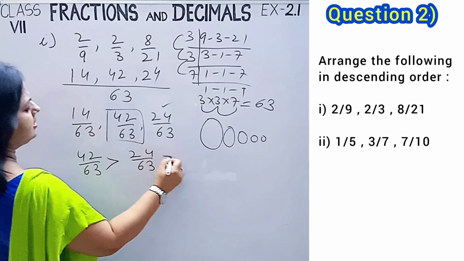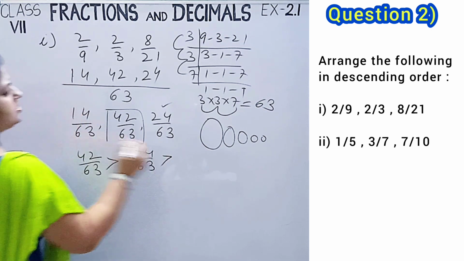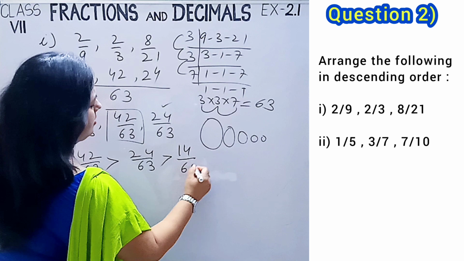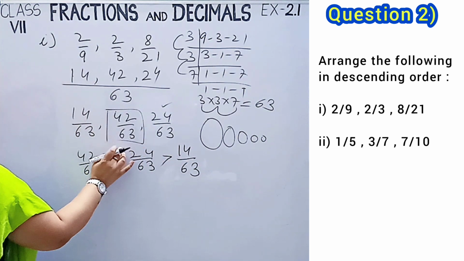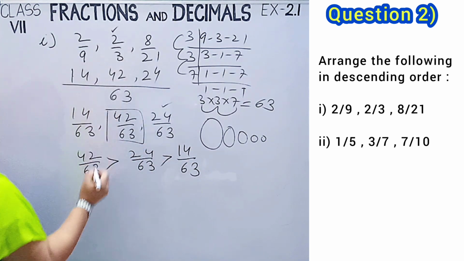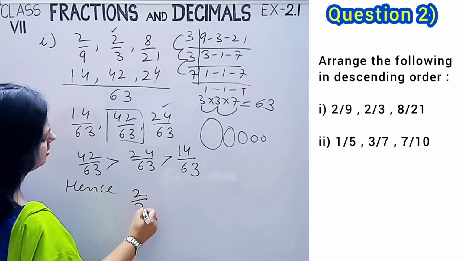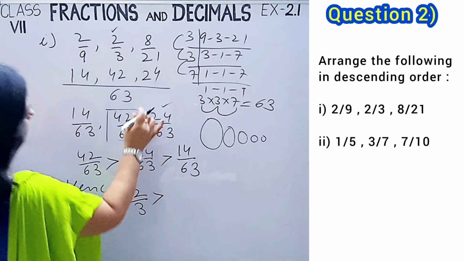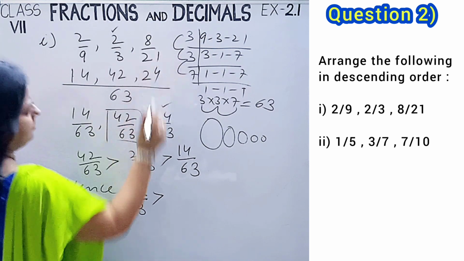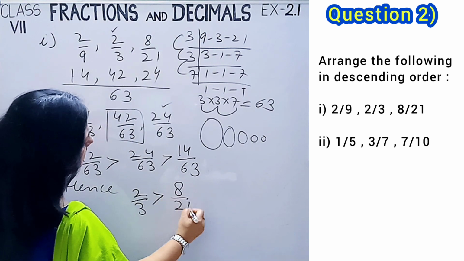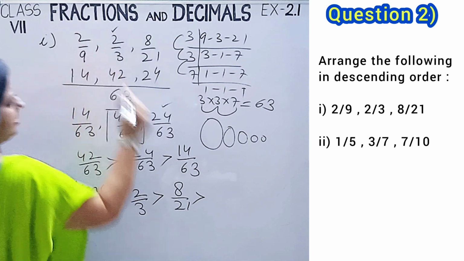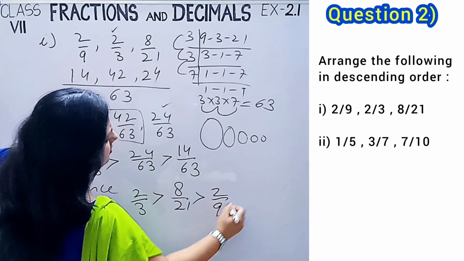And then last one is 14 upon 63. Now 42 upon 63 is 2 upon 3. So 2 upon 3, then 8 upon 21, and last one is 2 upon 9. Answer.